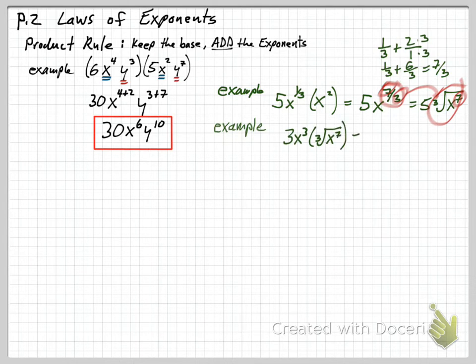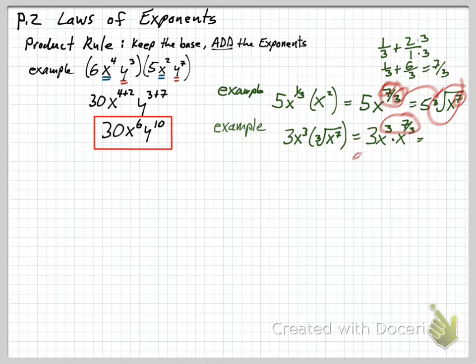Okay, now what are we going to do with this? Well, now we really do need to convert things. Otherwise, it's really going to be complicated. So I have x to the 3rd, and then I have this x to the 7/3 power. So we're going to have to add these two values. That means that the 3 is going to need a common denominator with the 7/3.